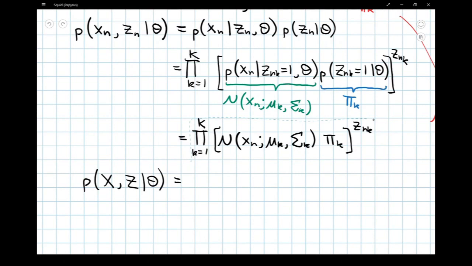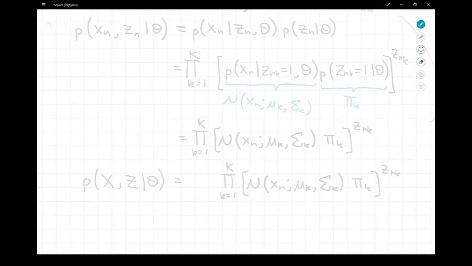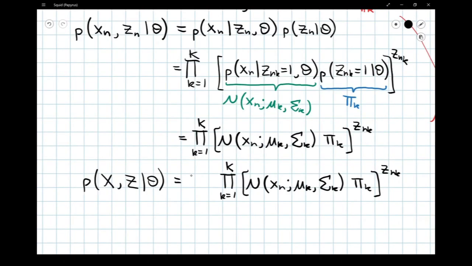So I'll just copy this, but now we're multiplying over all of our data points, from n equals 1 to capital N.